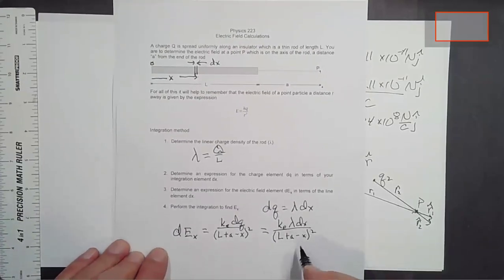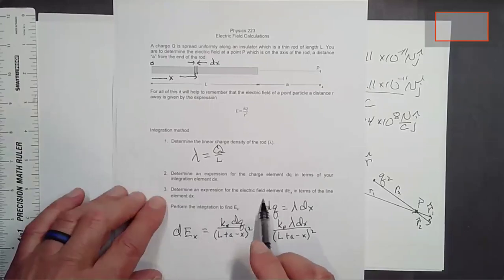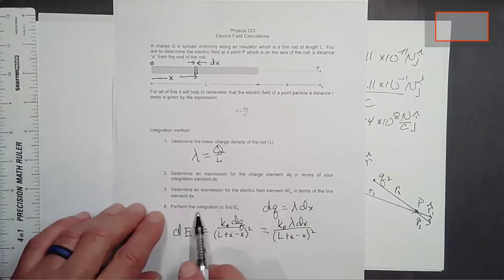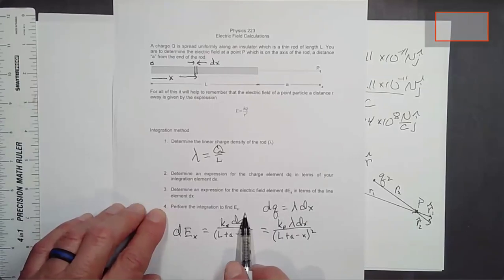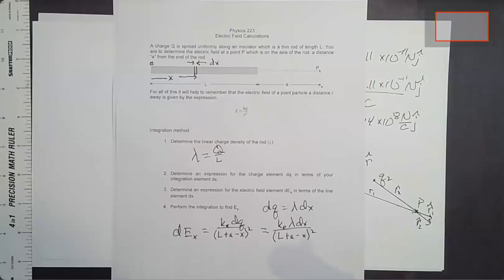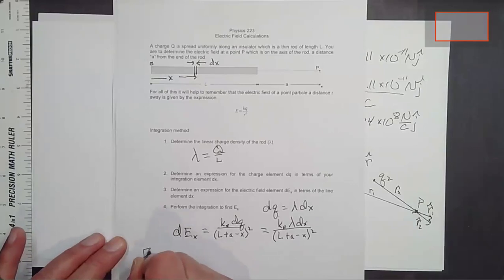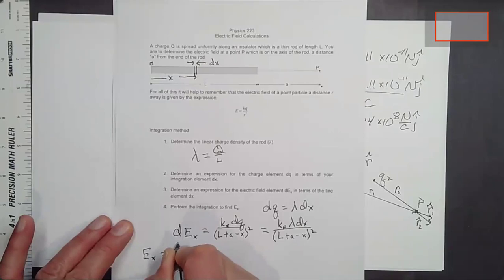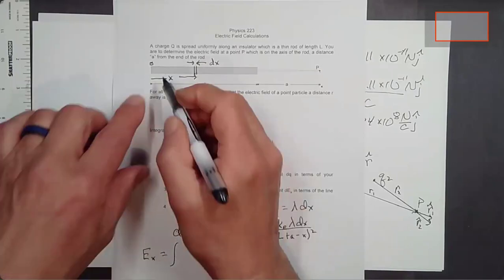I guess I can integrate. That was step 3. Step 4 is to perform the integration to find E sub x, and I'm probably going to do the same trick that I did the other day where I do a U substitution. But let's see what the electric field will equal. It'll equal the integral over this thing.